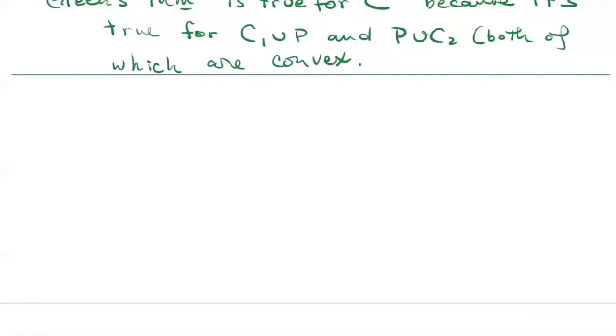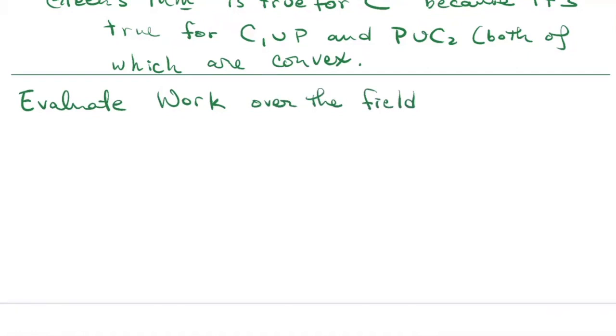Okay, so we're going to evaluate work over the field F, which is this P Q thing, equal to: the first component is the square root of x squared plus 1, and the second component is tan inverse of x.